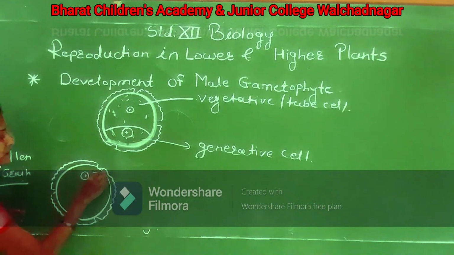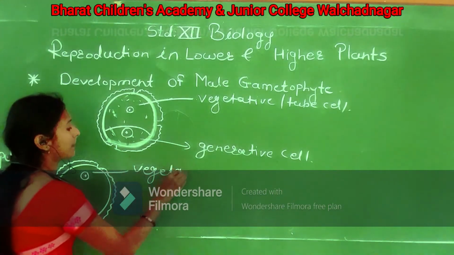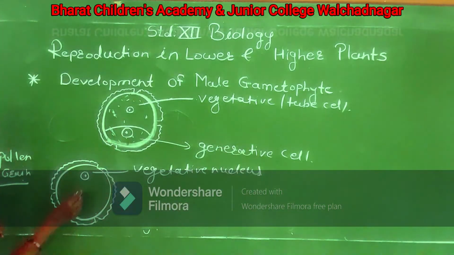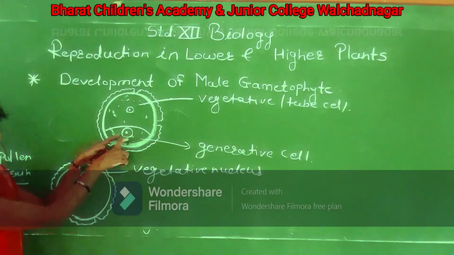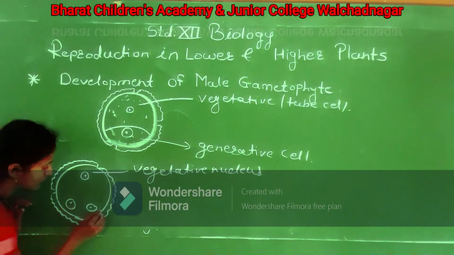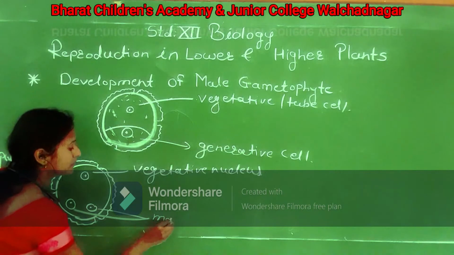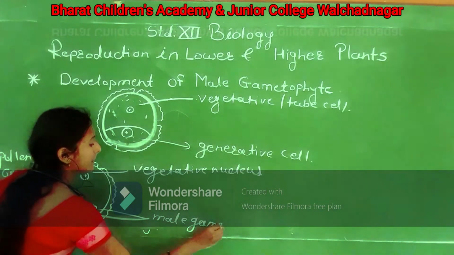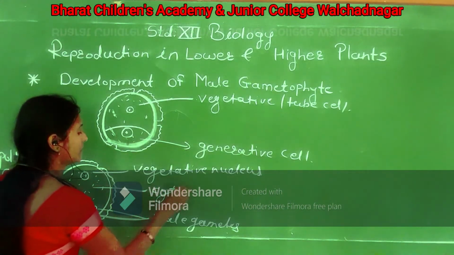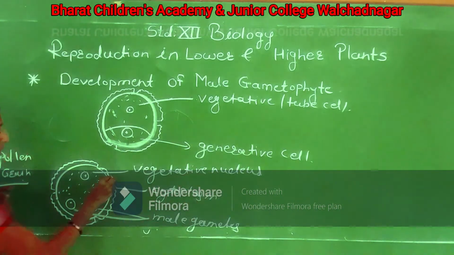First the vegetative nucleus, then the generative cell nucleus follows mitotic division and produces two haploid non-motile male gametes. So these are the two male gametes. This is the cytoplasm. Exine, intine, and germ pore are also present.